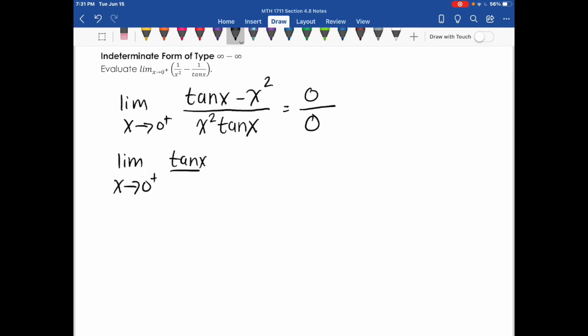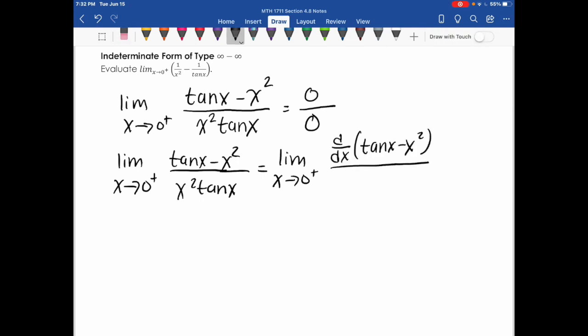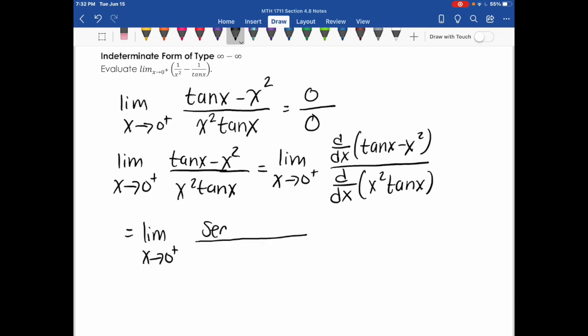So I can say that the limit as x approaches 0 from the right of tangent x minus x squared all over x squared tangent x is equivalent to the limit as x approaches 0 from the right of the derivative with respect to x of tangent x minus x squared, all over the derivative with respect to x of x squared tan x. So now let's take the derivative.